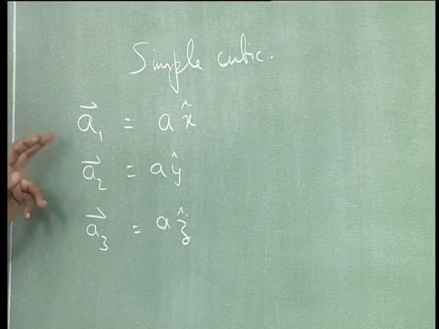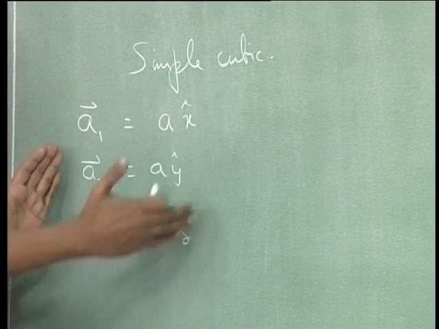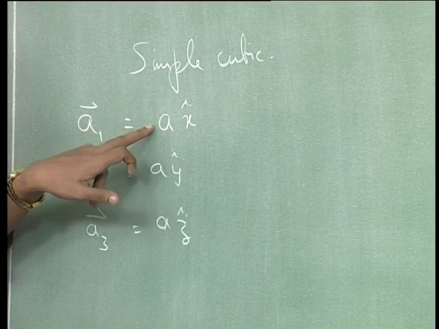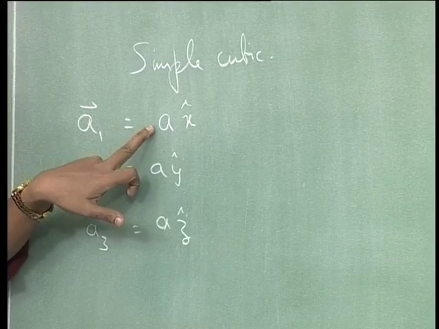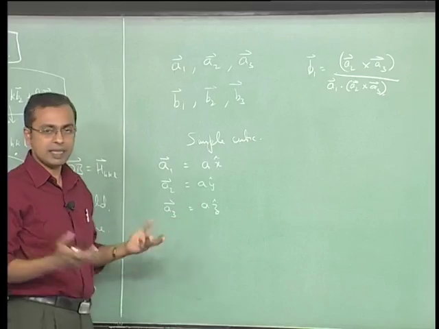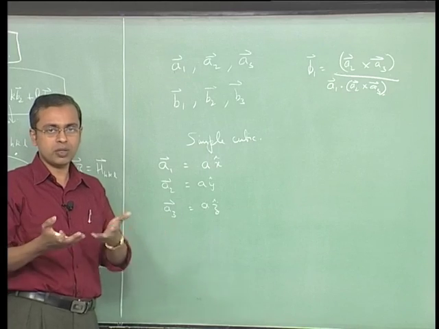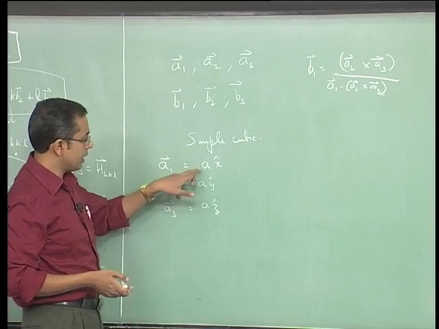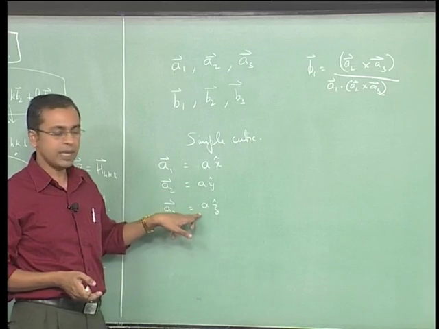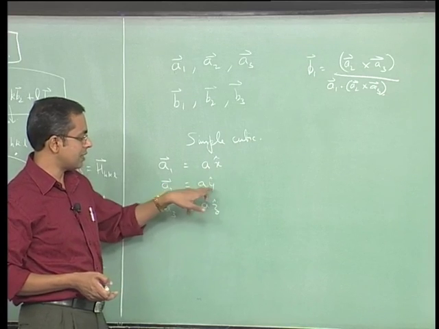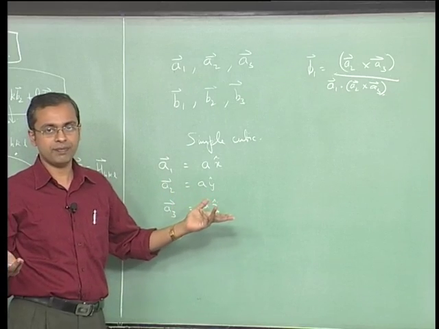Now we would like to get B1, B2 and B3. We have taken a simple cubic lattice, so the magnitudes of the vectors A1, A2 and A3 are the same, A. It is a cube, so all sides are A. In all three directions we have the same magnitude A, only the direction differs: x, y or z.